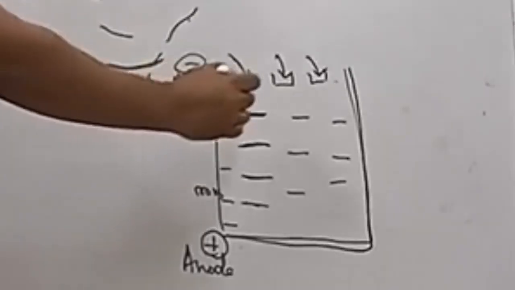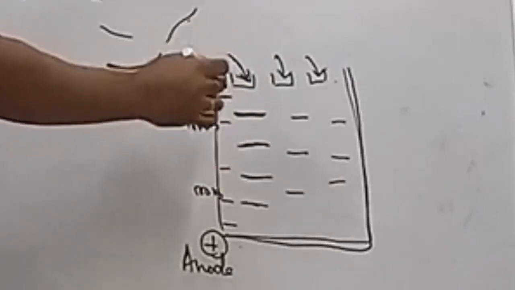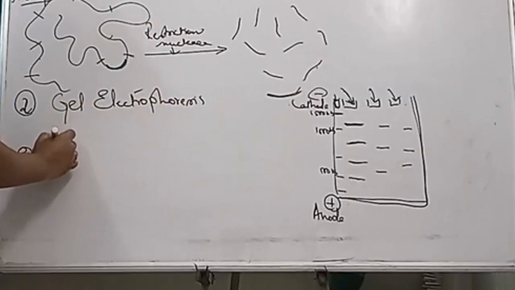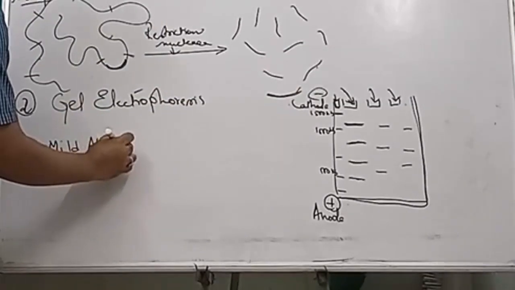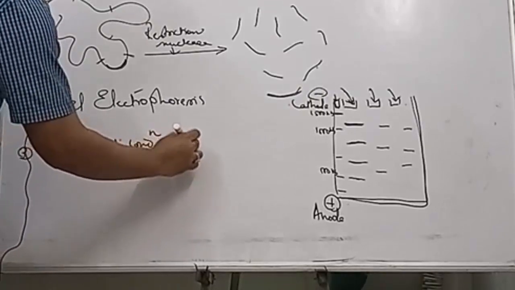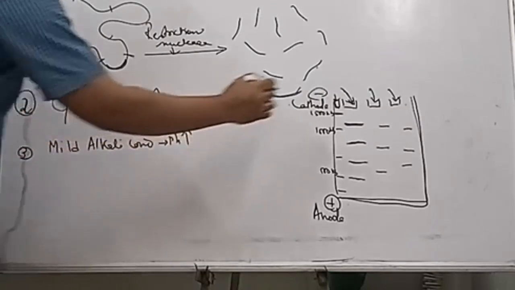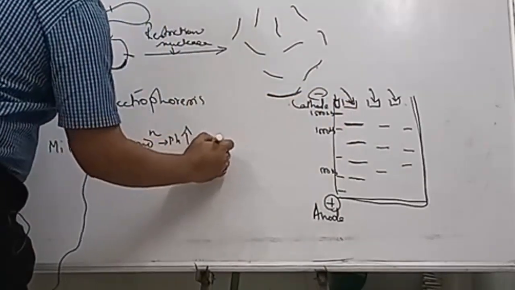It was second step. This gel containing the separated fragments of the DNA will be given mild alkali condition, that is, the pH will be increased. Why are we doing that? As this is double stranded, it will get separated into single stranded.